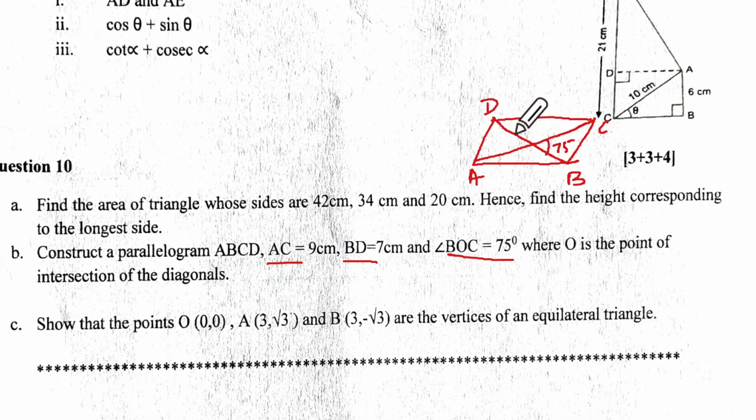So you are going to start with BD. You will have to put D here and B here. BD is 7, so this will be 3.5, 3.5. So you will show like this.